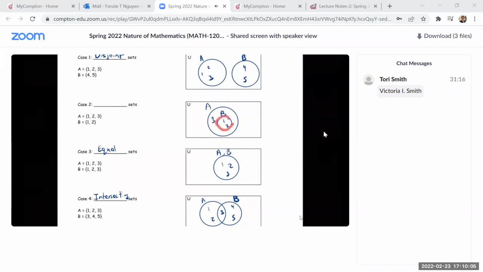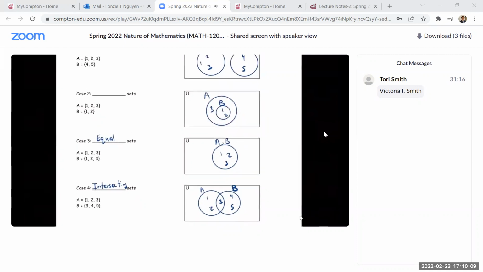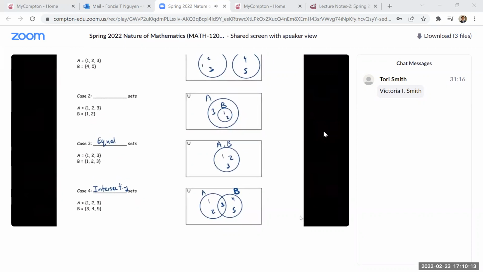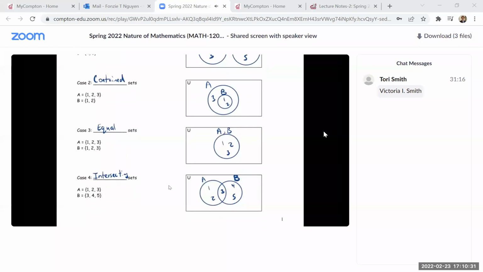So the entire set B is inside of A. I think they worded it contained sets. Let's write contained sets, because the entire set is contained inside of the other one.